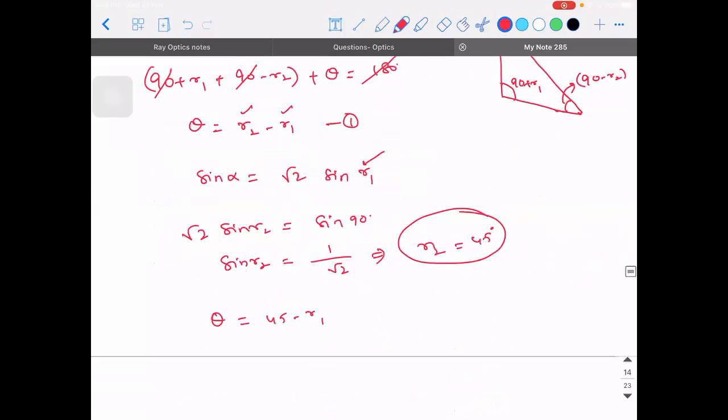We didn't see that point. So if I put 45 here, how much will R1 be? sin R1 is 1 by 2, which implies R1 is 30 degrees. So R2 is 45 degrees. Then theta is R2 minus R1, so we actually solved the problem. 15 degrees is the option.